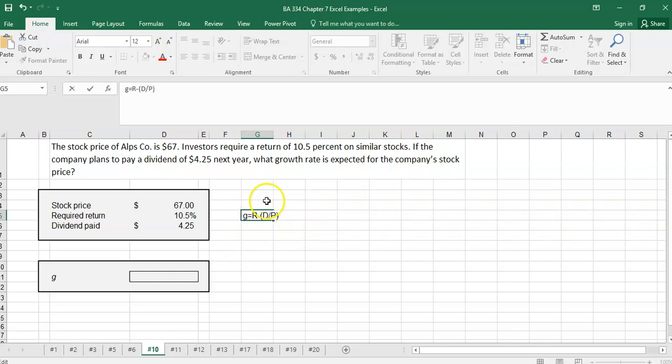So we can use this information here to get our growth rate. So we have the required rate of return minus the dividend paid divided by the price. So our growth rate for the stock is 4.16%.